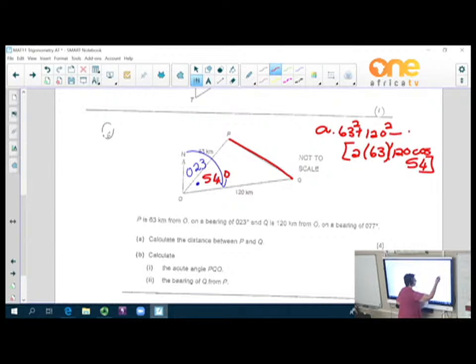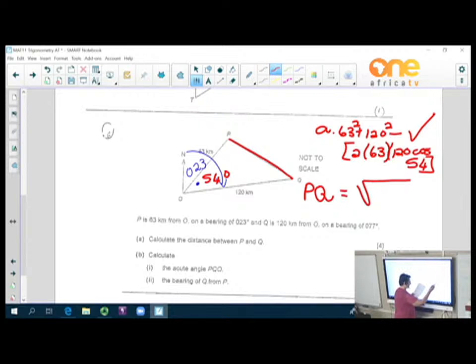So you get a method mark here for substituting correctly. And some of you do that and then you just leave out the question. You don't go further. So we need to find the value of PQ. So you do that calculation, and then we have to get the square root of that one.